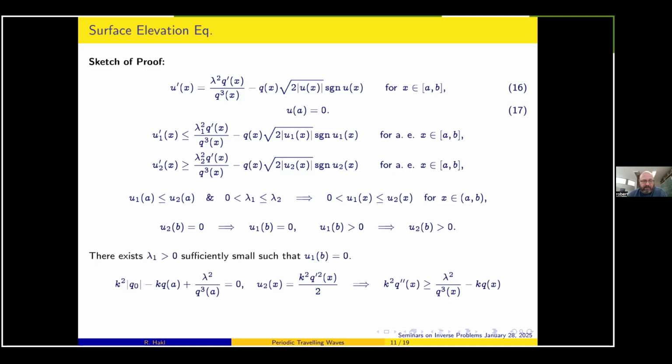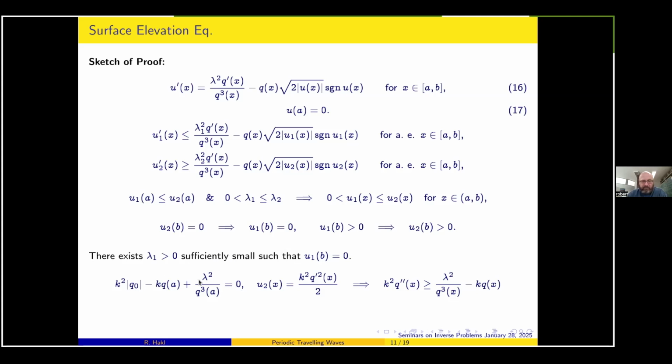This, of course, shows that there exists some critical point, but it is necessary to show that for sufficiently small lambda 1, there exists a solution that meets 0 at the point B. And this can be done in this way. If lambda is sufficiently small, then there exists a positive root of this quadratic equation.